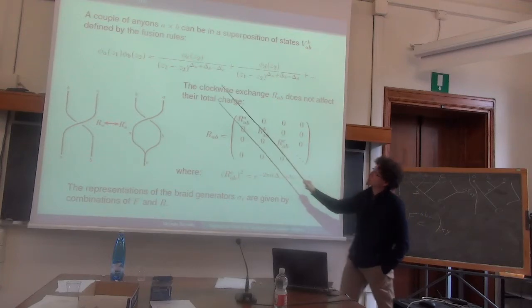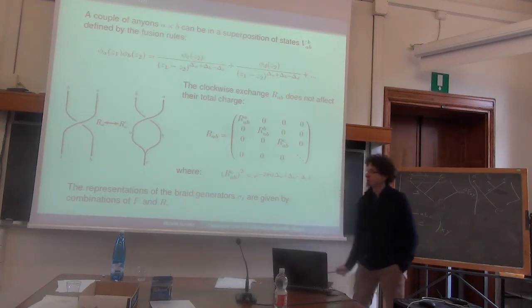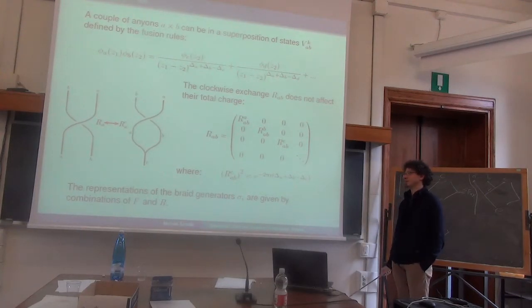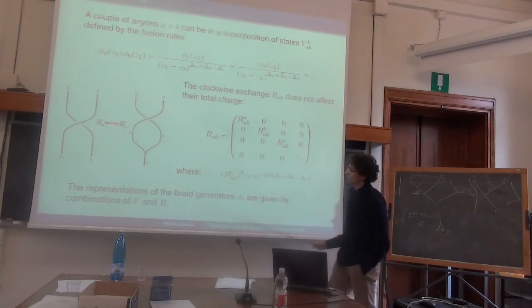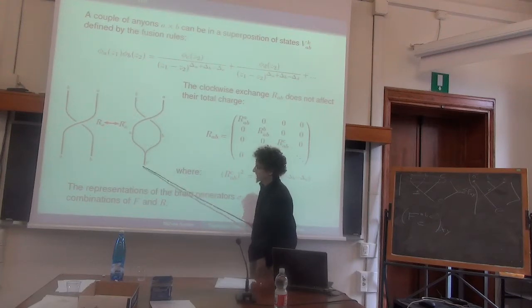So by knowing the conformal weight of the primary fields, you know the square value of the braiding matrices. And in particular, the braiding is such that if I have A and B and I braid them, I never change their total charge C.